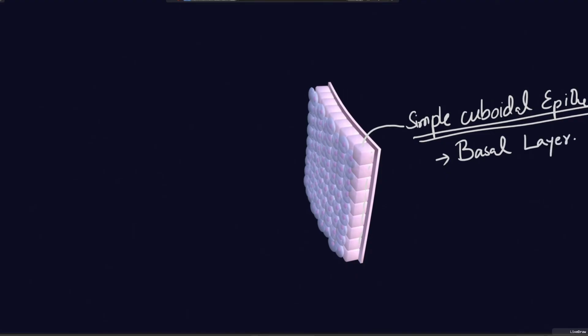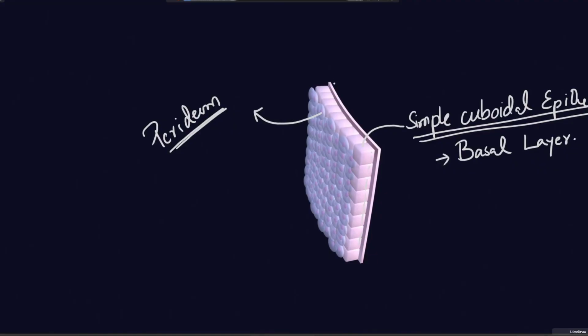So along with that, of course, outer to it, we have this temporary layer. It will later be shed off, and this is called periderm. Now, what is the function of periderm? Actually, the embryo is floating right now in the amniotic fluid. One of the functions of these peridermal cells is that they are involved in exchange of material.